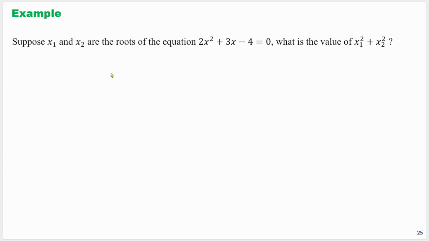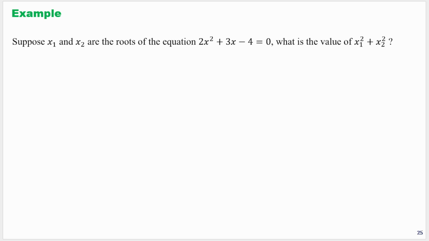Okay, let's see the last example to wrap up this lesson. How about this question here? Suppose x1 and x2 are the roots of the equation. Here, what is the value of x1 squared plus x2 squared? Any thoughts?